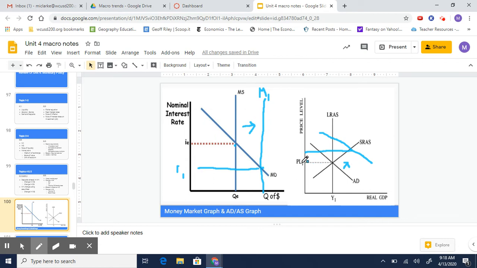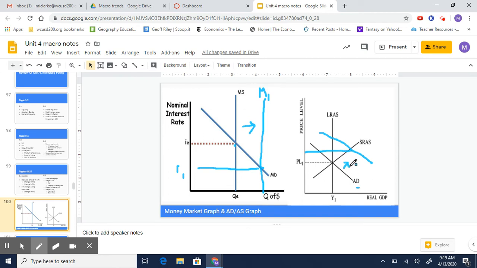Another reason, banks have more money now, right? It's easier to loan that money out. Lower interest rate, lower price of borrowing. So banks are going to loan that money out. People are going to take those loans and they're going to spend it. That's another component of aggregate demand. Consumer spending. Consumers are going to buy homes, buy cars, go on vacations with those new loans.